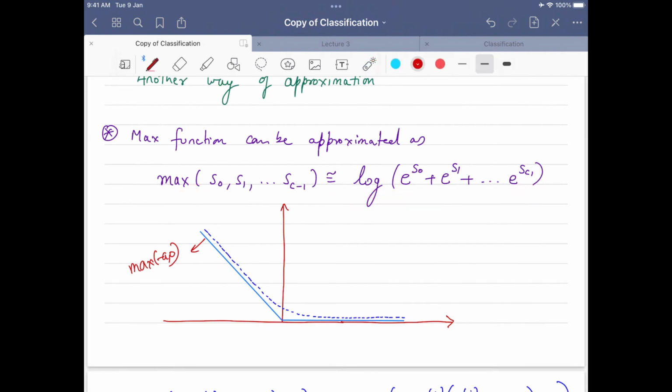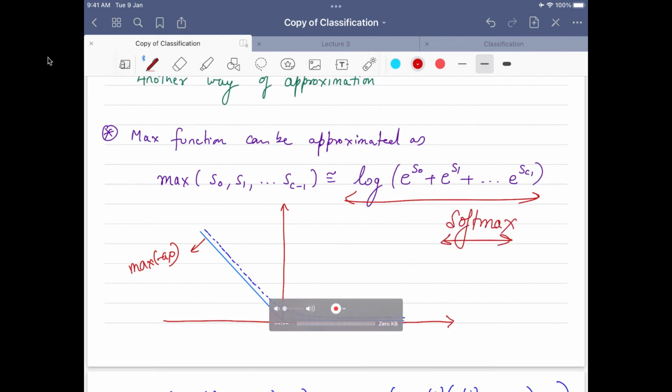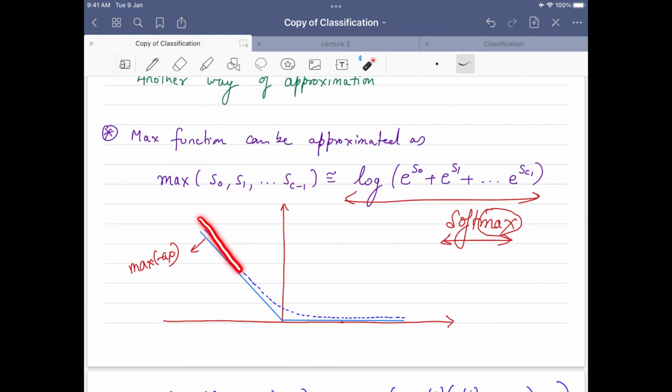This is also called soft max. Why? Because you are actually making a softer version of the max operator. You can see now it's a soft version, and it is differentiable at each and every point. These dotted lines are the softer version of the max operator, and you can write it using this expression.